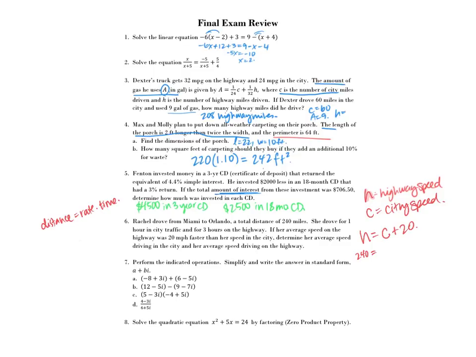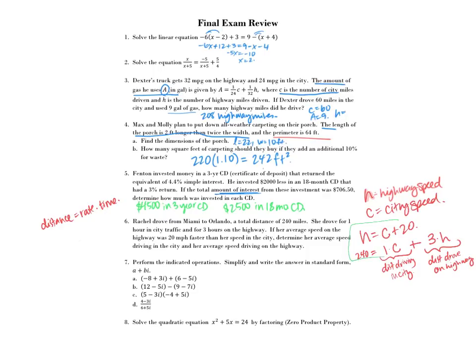That needs to equal her distance driving in the city, which is going to be her city speed times her amount of time that she drove in the city, which is 1. Plus her distance on the highway, which is going to be the amount of time, 3, times the rate, her highway speed, which is H.